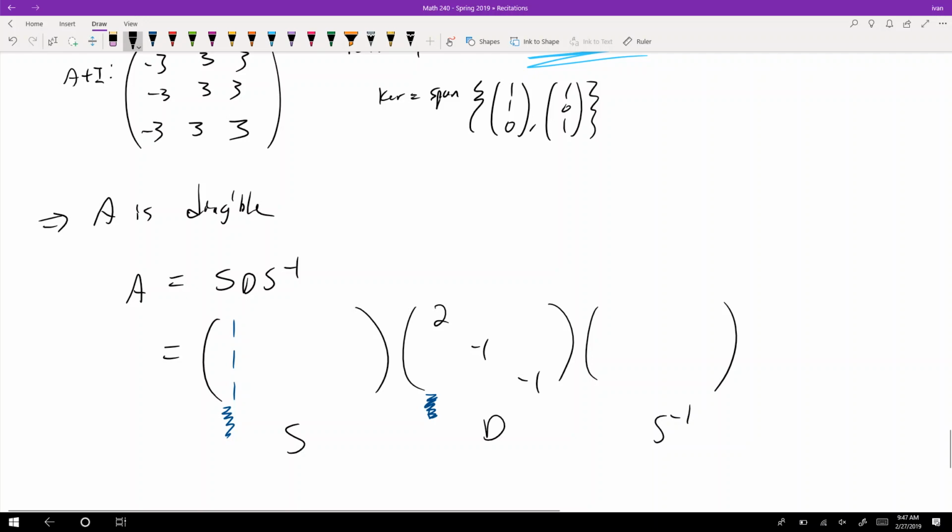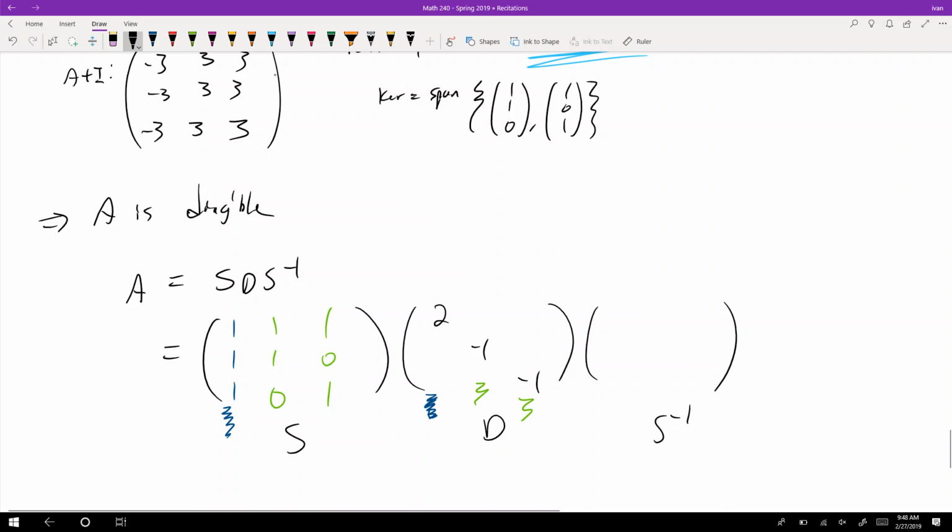All right. Now you have -1 and -1, and how many eigenvectors did we have for -1? Well, we had 2 of them, right? So in this case, it doesn't matter which way you put them in. You just got to make sure that they're associated with the right eigenvalue. So let's just put 1, 1, 0, and here let's put 1, 0, 1. It doesn't matter. You can flip them.